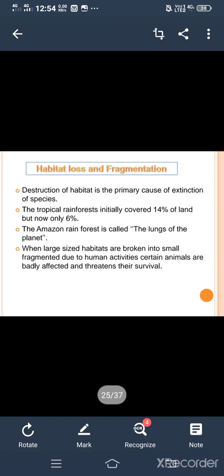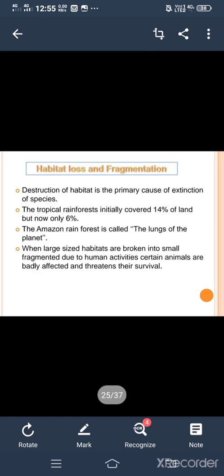Coming to the first one, habitat loss and fragmentation. What's the meaning of habitat loss? Habitat means the place where the organisms live. It may be plants or animals. For example, we will take one pond where there are a lot of fishes, small fishes and big fishes both, and along with that many small lichens and small plants are present in the pond.